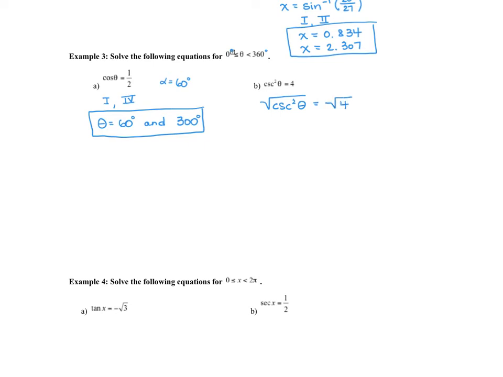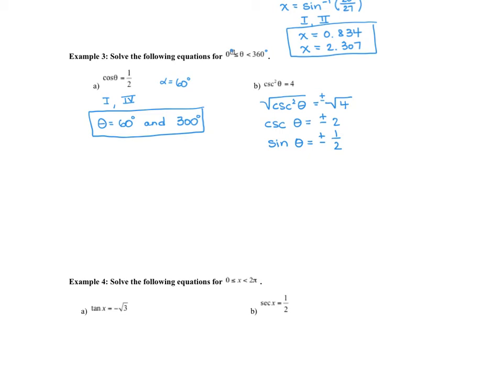But remember, when I take the square root of both sides, I get two solutions. So when I take the square root of the left-hand side, I'll get the cosecant of theta, and when I take the square root of the right-hand side, I'll get plus or minus 2. But again, I know the reciprocal function of cosecant is sine, so sine of theta is going to equal plus or minus 1/2.